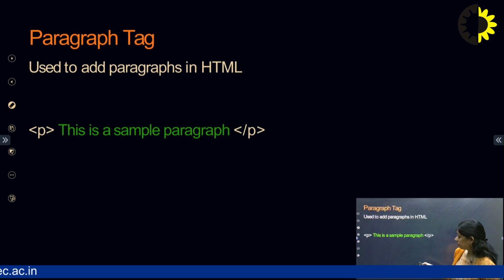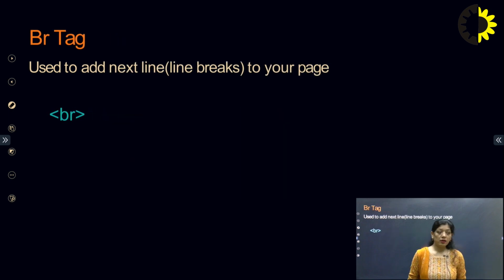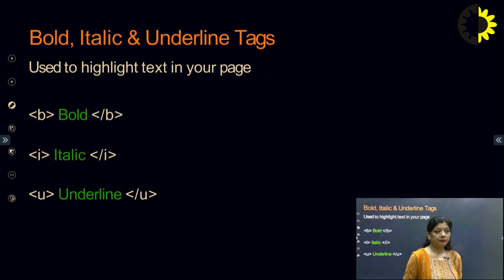Like this is a paragraph tag opening, and this is a paragraph tag ending, and in between I have written anything. But in BR tag there is no ending and closing, because we don't write any kind of content. That's why it is known as empty tag.